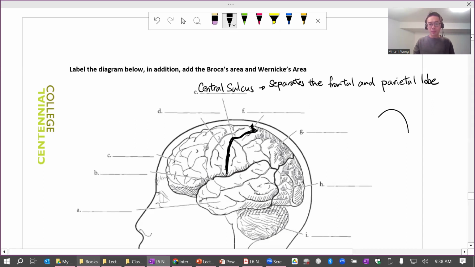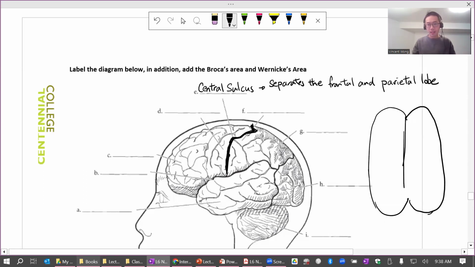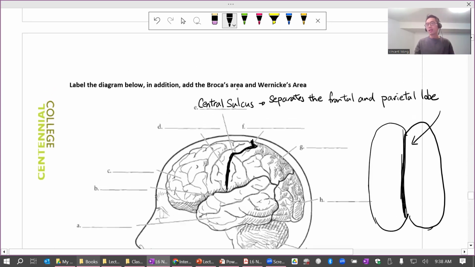If you look at the brain from the top, you don't have to draw this. We have another diagram later on. But looking at the brain from the top, what is this big groove again? You probably remember by now. That's the longitudinal fissure. And then the central sulcus would be running down like this.